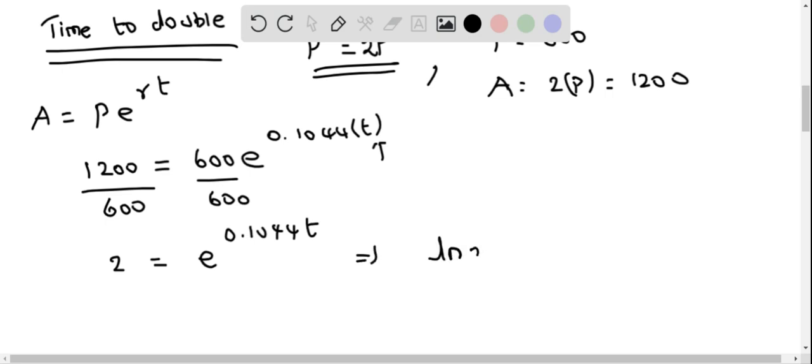So when we do that, we get natural logarithm of 2 equals natural logarithm of e raised to the power of 0.1044t. Now using the previous property, this power comes in front.